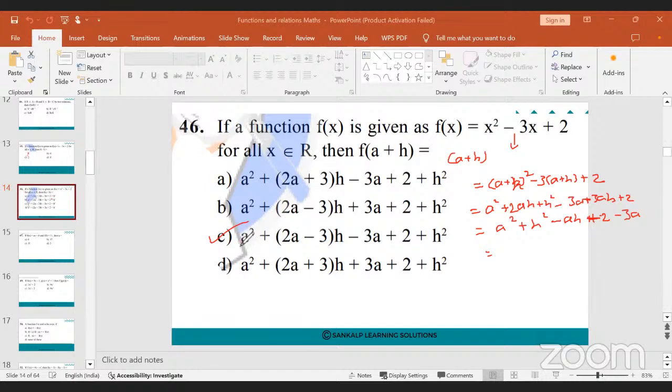Okay. a square, h square, 2ah. If you take the common factor in this, it is 2a minus 3 into h plus 2 plus h square. This is the correct answer. Next one.